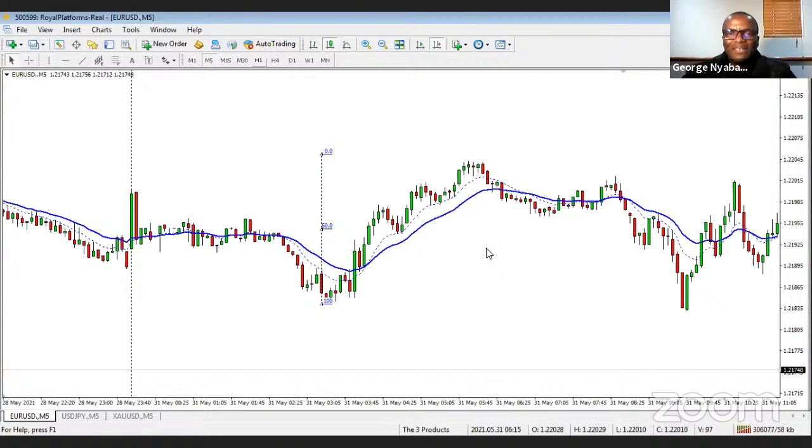Now, when you look for reversals at hidden levels of support, you need to look for 3 pushes, a wedge pattern, a triangle pattern, 3 distinct pushes that occur before you get to that level of, in this case, resistance.